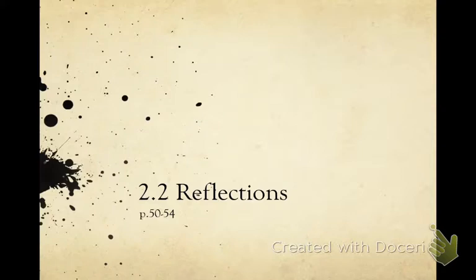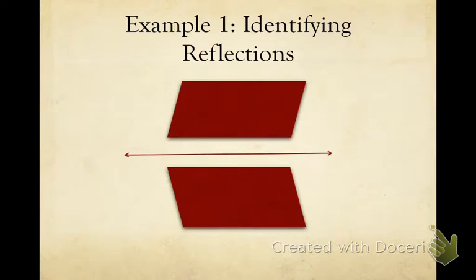Well, with reflections, what we're looking for specifically is if the figure flips over what we call a line of reflection. Okay, so this arrow that I've drawn is really important. Typically, the line of reflection that we're talking about is your X and your Y axis.